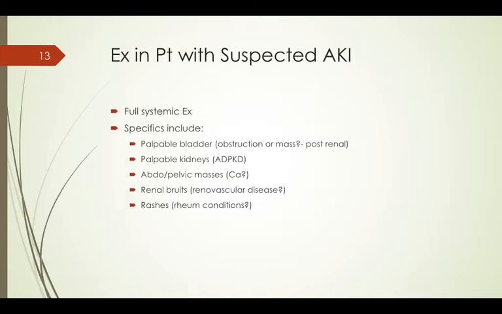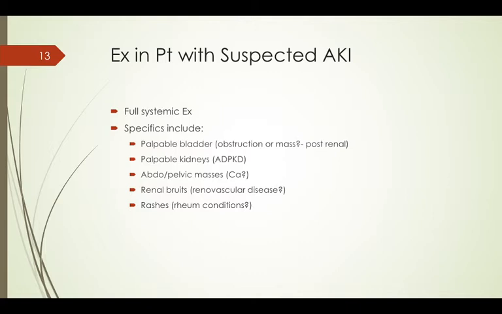Fine. So, examination. So we've got to do a full exam, probably focusing more on the A to E, but also fluid status, cardiac exam, etc. Some things that you may identify on examination which may help you towards your journey towards an AKI diagnosis.